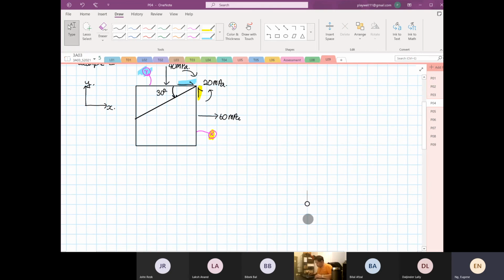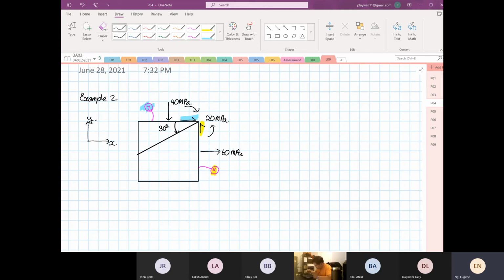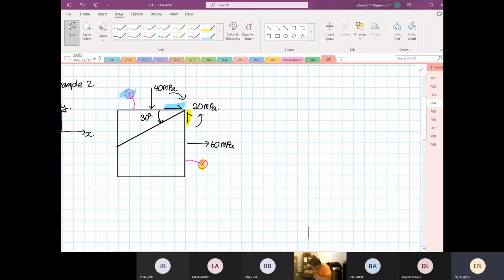So the question asks, for this second example, we want to find the stress state of the element when it is rotated.